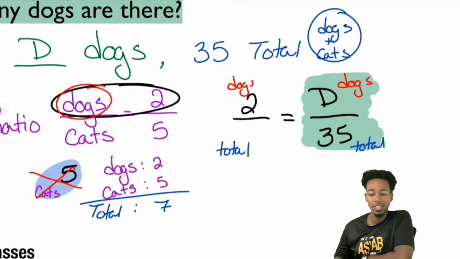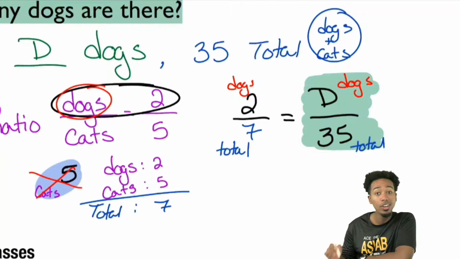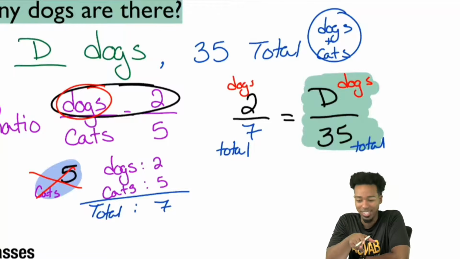Because now I'm comparing dogs to total, dogs to total. Now I have an appropriate proportion, a proportion that I'm proud to use because I know it'll work. So one more time, yes or no? There you go. I see a lot of us saying, oh, okay, that makes a lot more sense. Let me know if that's making sense to you. Yeah, we added the 2 and the 5 because total is what we're going for.